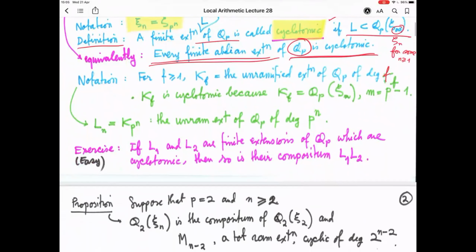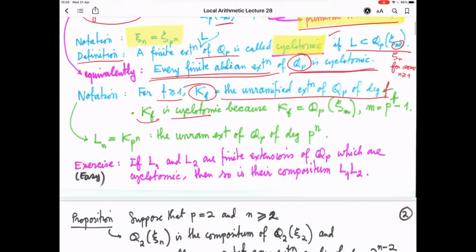Okay. So we will use some notation: for every integer f, Kf is going to be the unramified extension of Qp of degree f. Now this Kf is cyclotomic in this sense, right? Cyclotomic has just been defined here. Kf is cyclotomic because Kf is obtained from Qp by adjoining zeta m, where m is p to the f minus 1. Of course, this f and this f are the same.